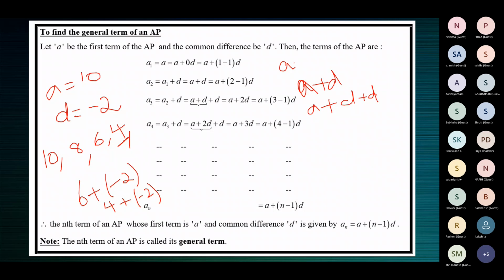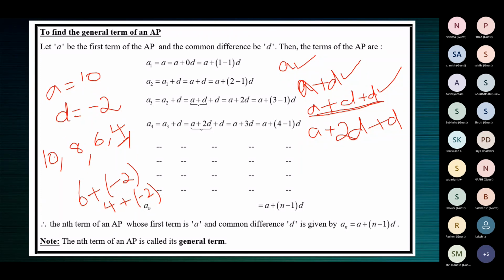A is the first term, a plus d the second term, a plus 2d the third term. The fourth term will be a plus 2d plus d, so a plus 3d. So adding the common difference to the preceding term will give you the next term.